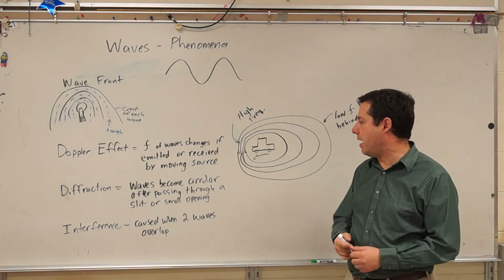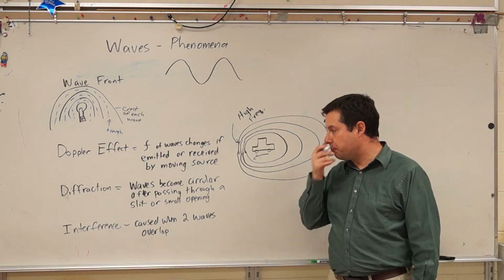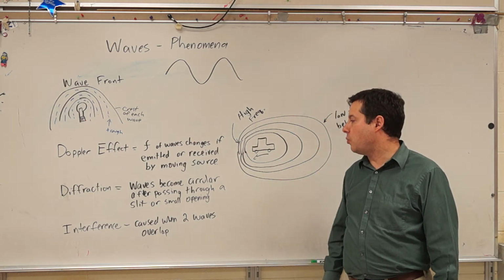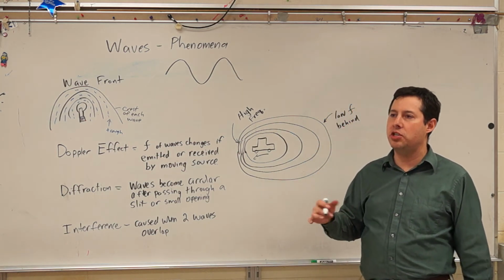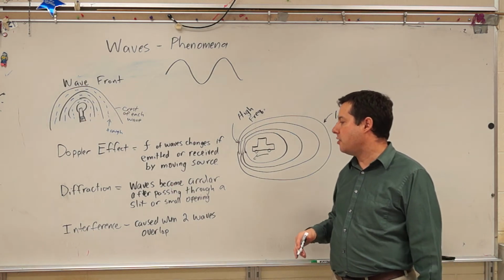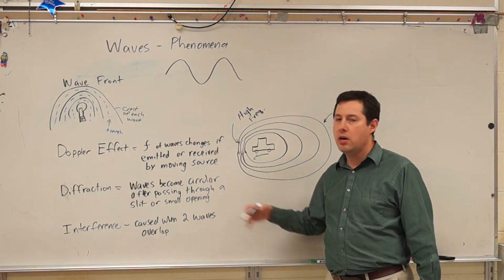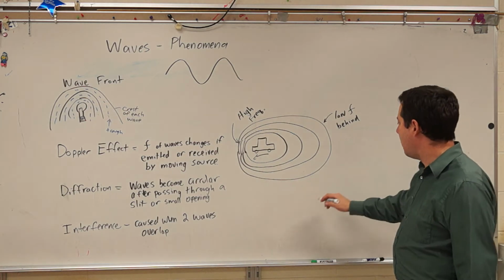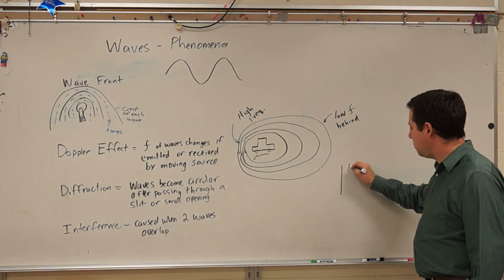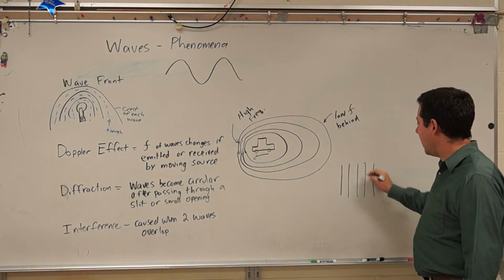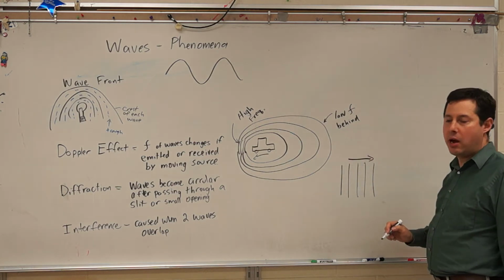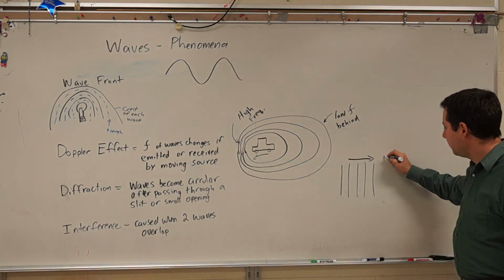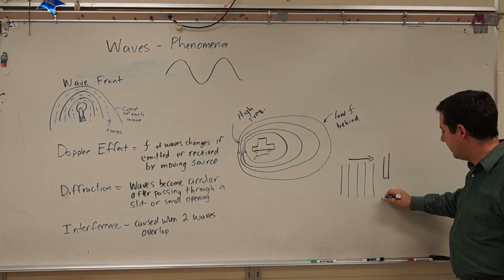Let's talk about diffraction. Diffraction is when waves change their shape, they become more circular after they pass through a slit or a small opening. So for example, here I'm going to do this. Imagine this wave front here has got lots of waves that are nicely spaced out, and it's moving to the right, and it comes to a slit here.